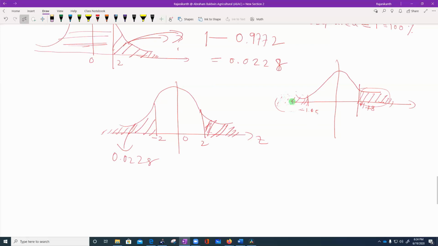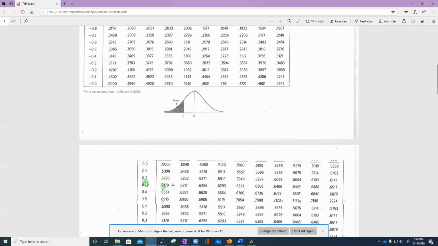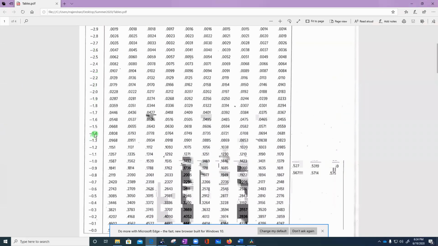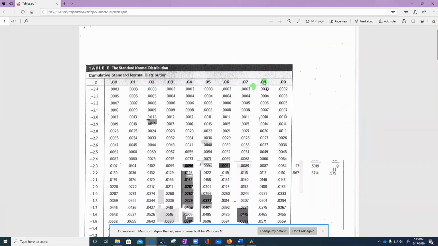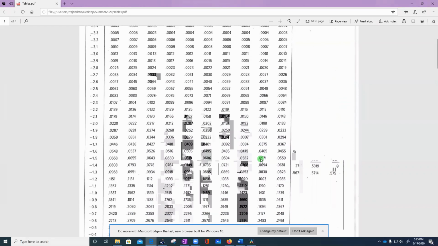Now I know how to find the left area from your table. Look at this value now: left area for -1.48. The table will give you 1.4 here, but where's the 8? The 8 will be here, the column before last. So I need 1.48.